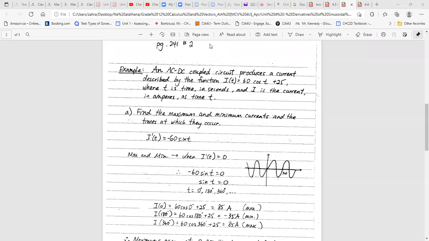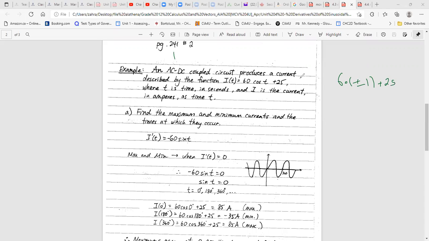We know the amplitude is 60, because the cosine ranges between plus and minus 1, so it is 60 times plus or minus 1, plus 25.